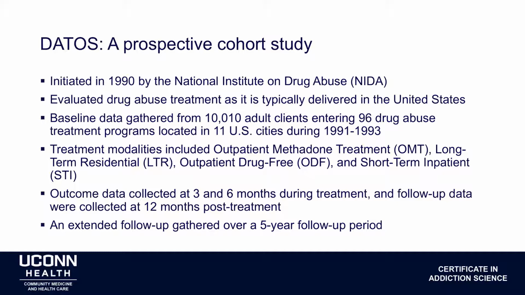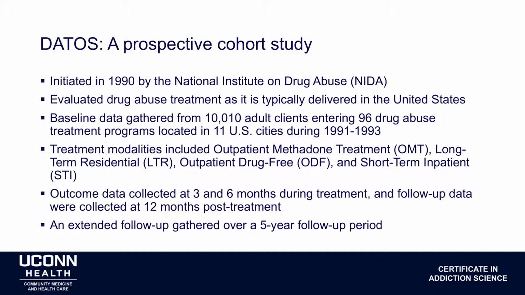People were recruited from different types of treatment settings. So these settings were not assigned by the investigator. They were treatment settings that people came into, and we were observing what happened over time when they were exposed to these different treatments. The treatments were outpatient methadone maintenance, long-term residential care, outpatient drug-free treatment, and short-term inpatient treatment.